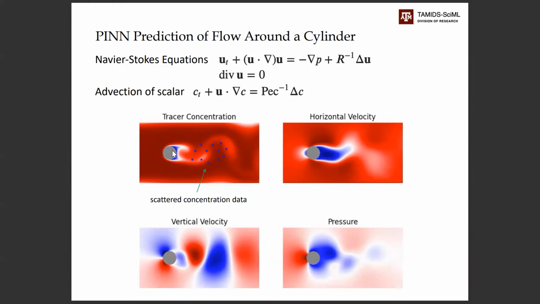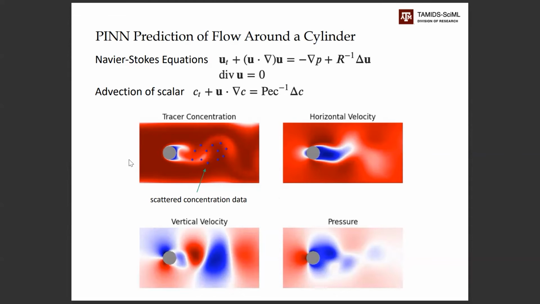You don't know any boundary conditions. You don't know the location of the cylinder or the obstacle here. You don't know what the boundary conditions on the cylinder are. The only thing you know is you have some data on the concentration and you have the Navier-Stokes equations. Based on this, this is not a PowerPoint, so I cannot play it, but you're able to reconstruct all 4 fields.